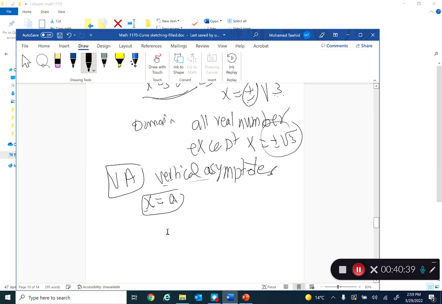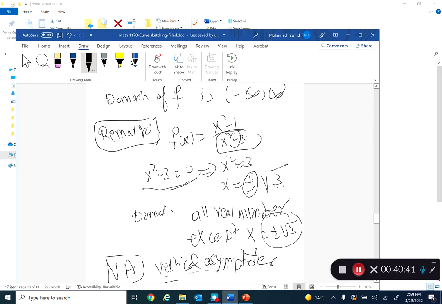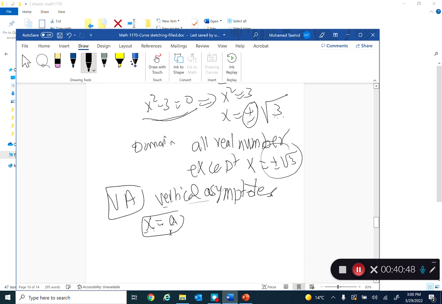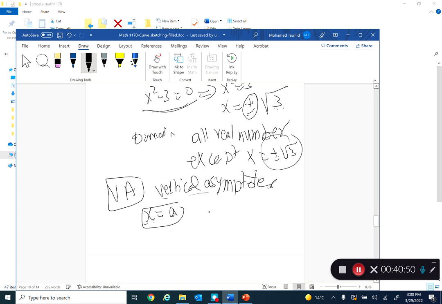So for this remark, if I ask you to find the VA, the vertical asymptote, then the vertical asymptotes are x equals plus or minus square root of 3.